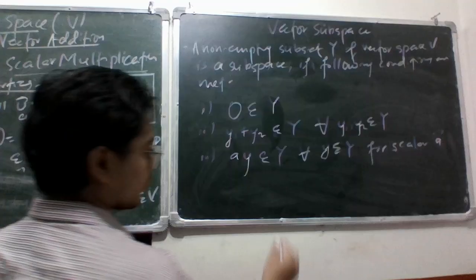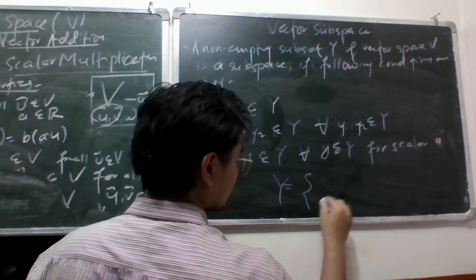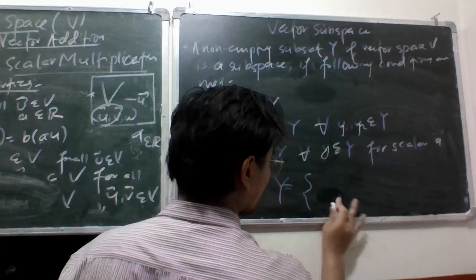So if we have a Y, then it must contain the 0 vector.